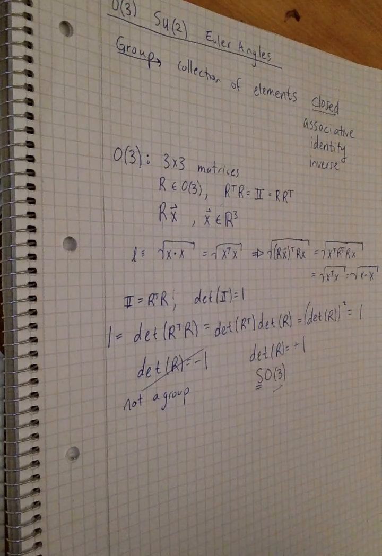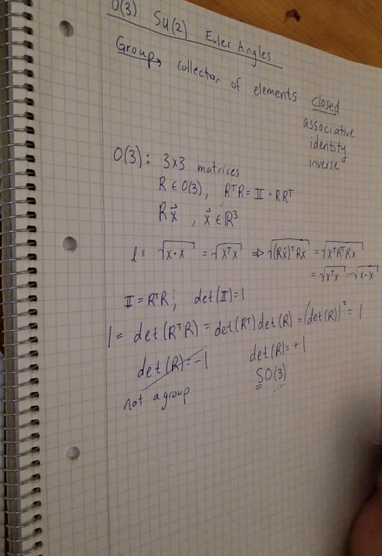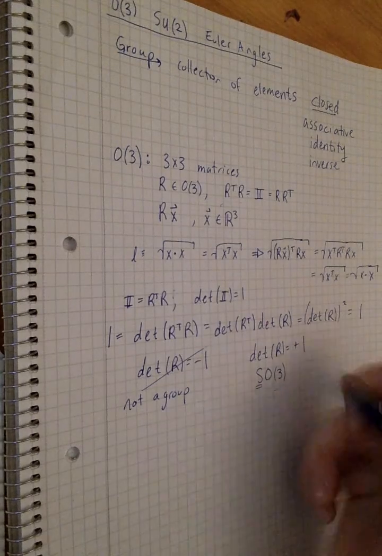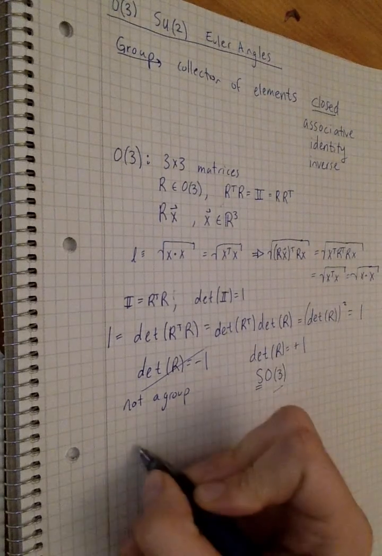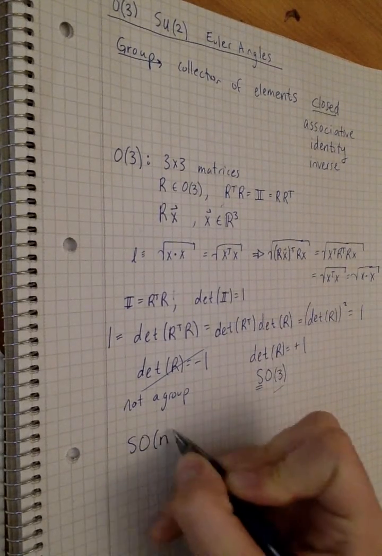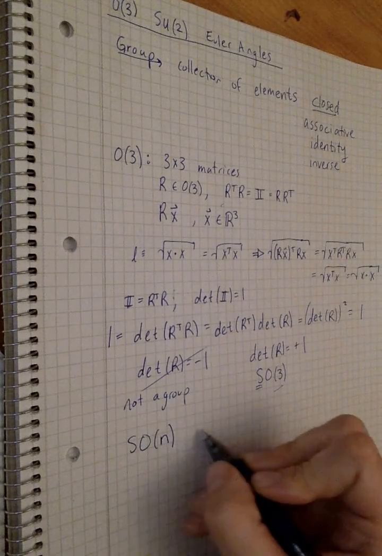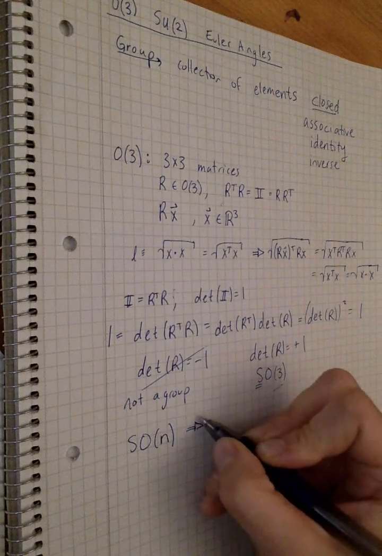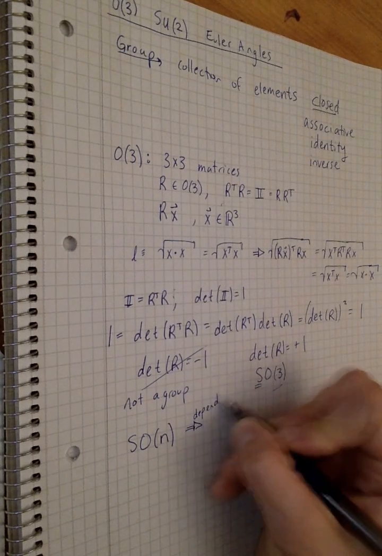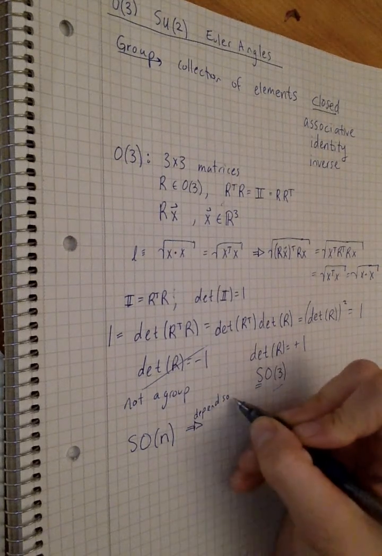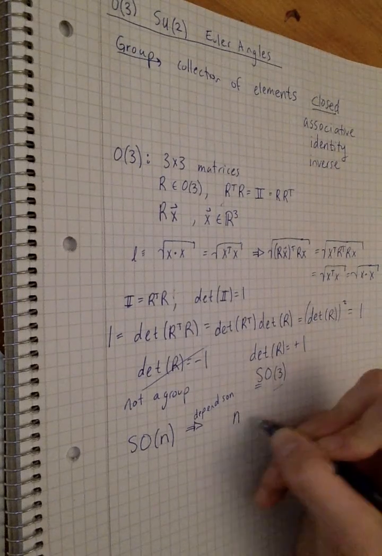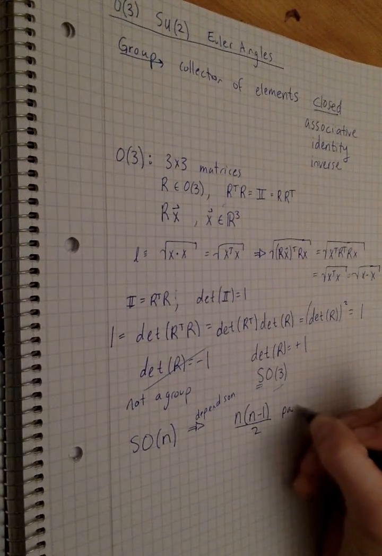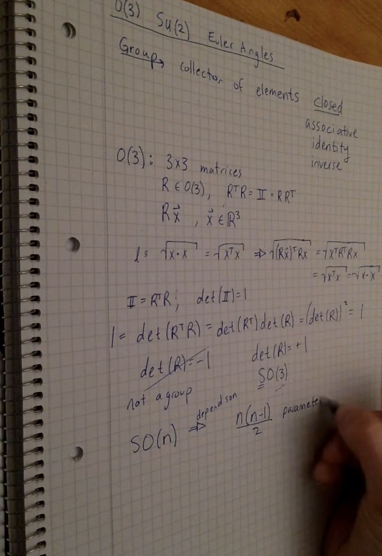This group also has a Lie algebra. But firstly, we have these SO(n) structure groups, and this depends on n times n minus 1 over 2 parameters.